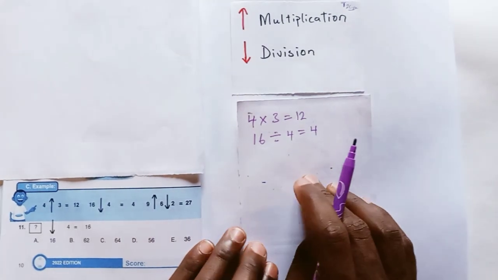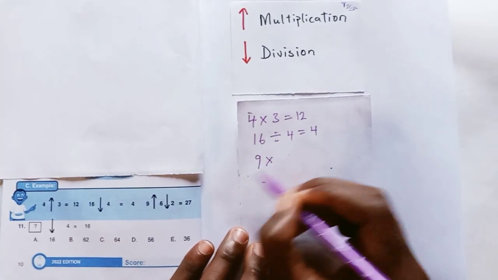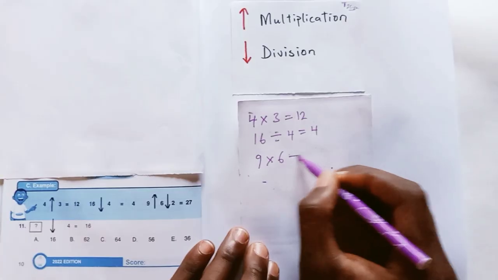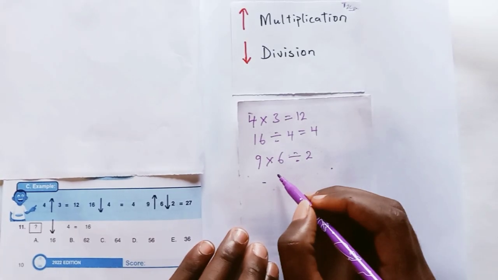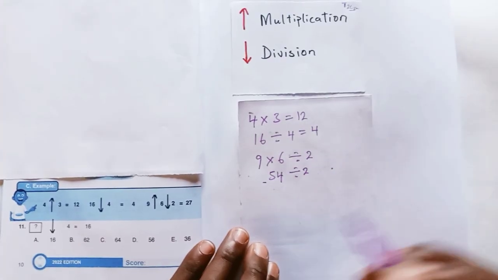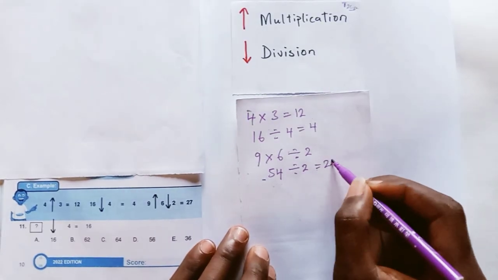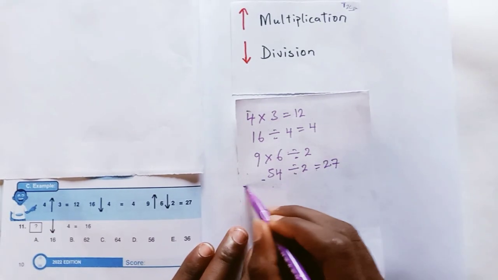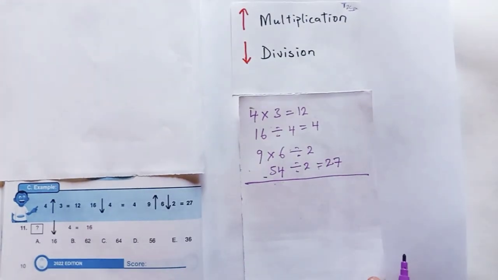For the third example, we have 9 times 6 divided by 2. So 9 times 6 is 54, divided by 2. 54 divided by 2 is 27. All right, so that is how we go about solving this exercise.